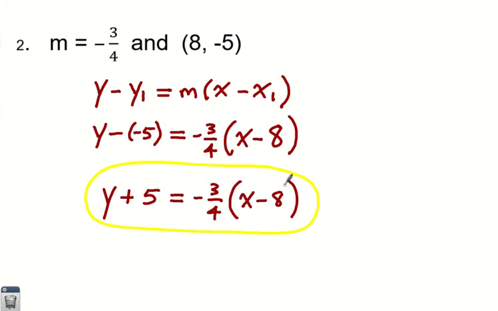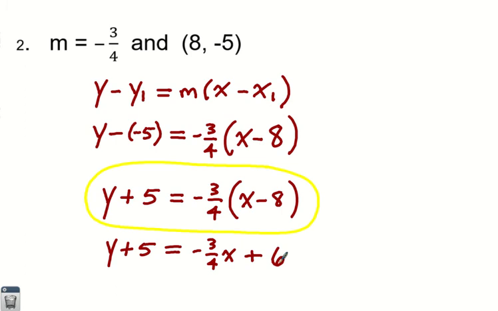So first we clear the bubble. So y plus 5 equals, now negative 3/4 times x is just negative 3/4 x, no mysteries there. And then negative 3/4 times the negative 8, a negative times a negative is a positive, and we are going to get 6, I believe.